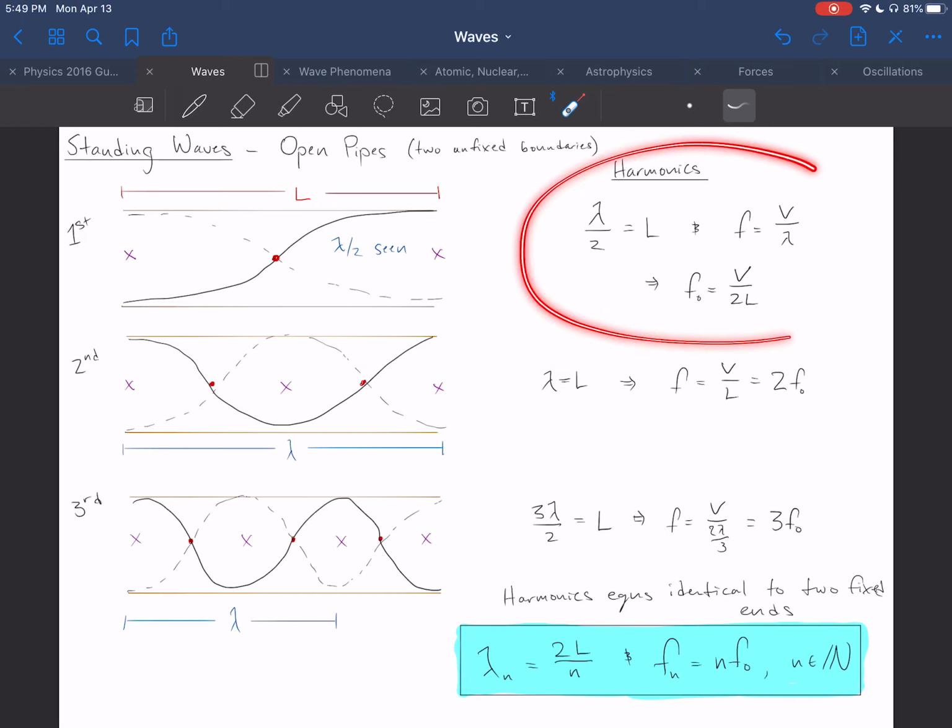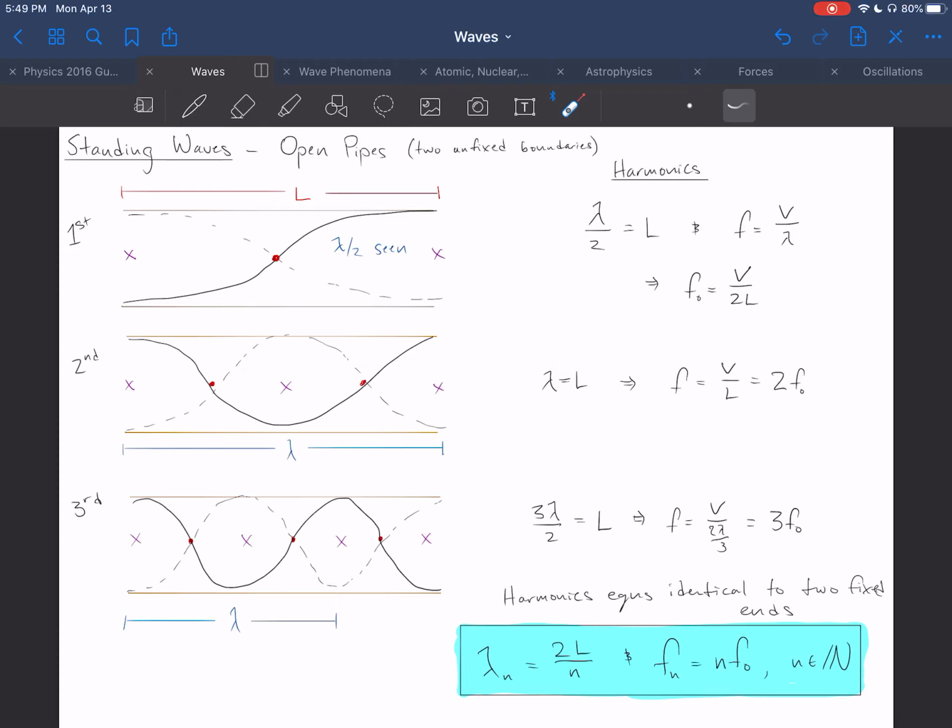If this looks familiar, that's because it is. This is exactly the way a string with two fixed boundaries works. And in fact, with two fixed and two unfixed boundaries, although the diagrams look different, the frequencies and therefore the harmonics follow the same pattern. So let's prove that for ourselves.